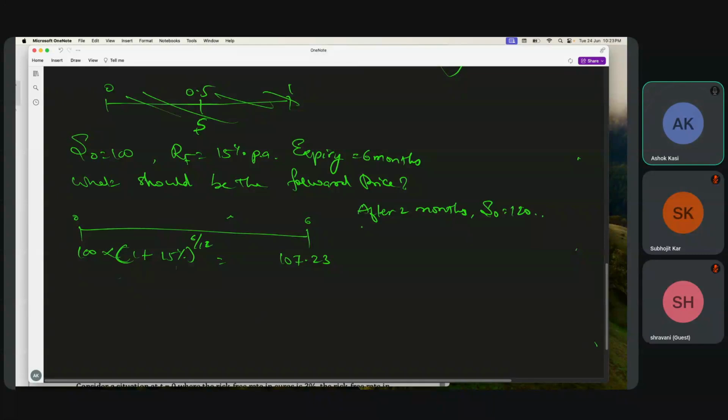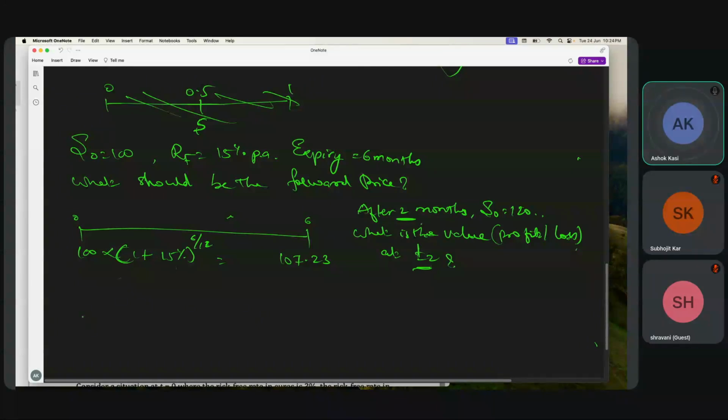Okay, so what is the value? Value means profit and loss. Profit and loss at time 2. Time 2 means after 2 months.